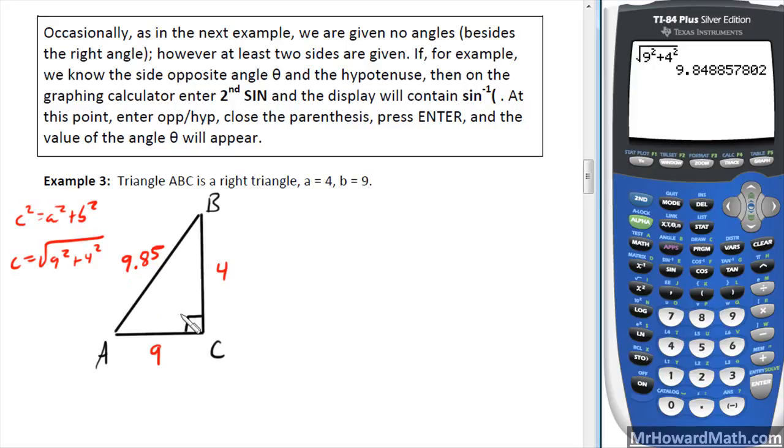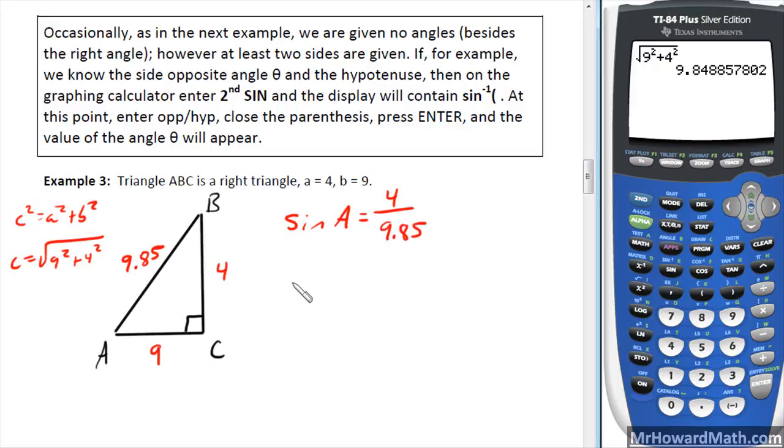This is where we can use those inverse trig functions. For example, if I want to find angle A, I can use sine inverse in order to do that. So sine of angle A is equal to opposite 4 over hypotenuse 9.85.